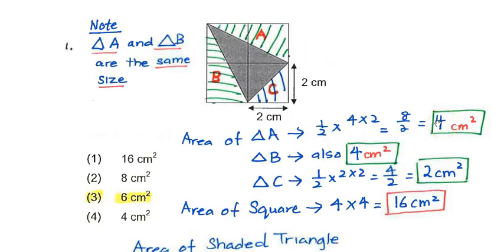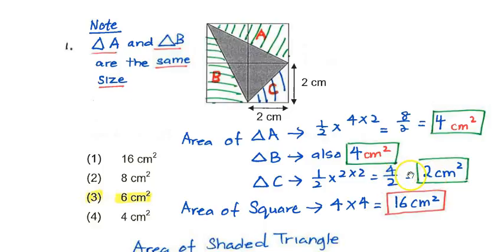Now for B is the same, half times 4 times 2. It gives you 4 also. So we have 4, 4. What is the area of the last one, C? It is half times 2 times 2. So half times 2 times 2 is 4 divided by 2 is 2.